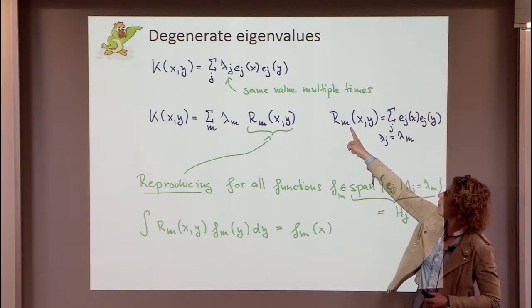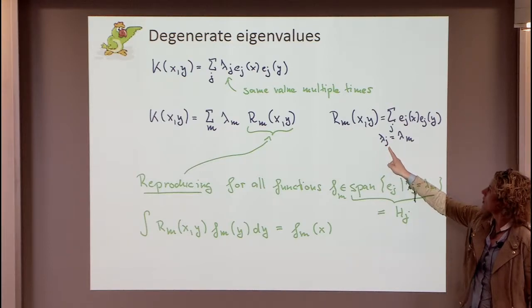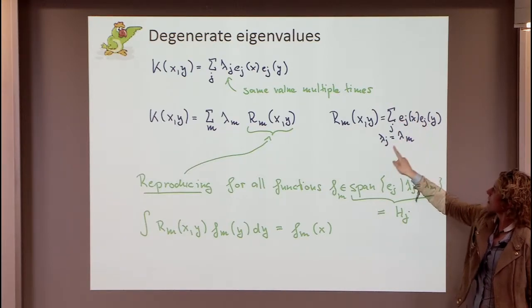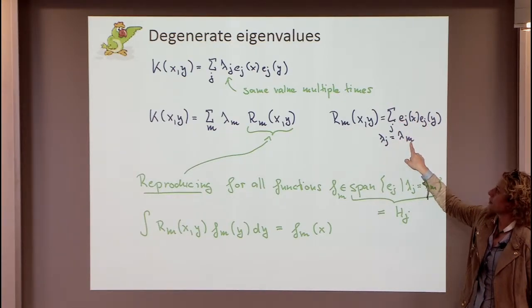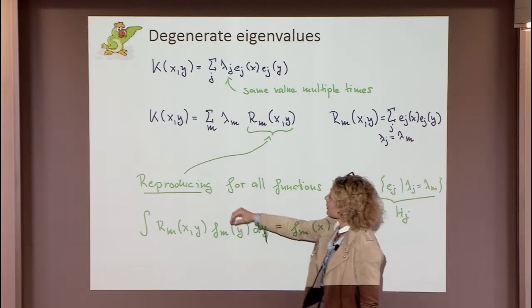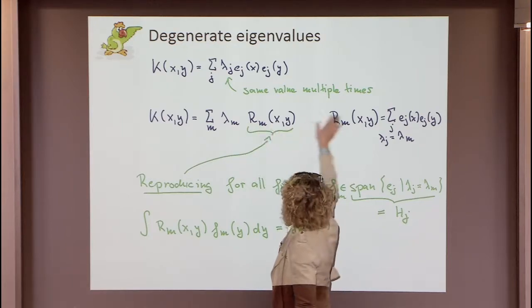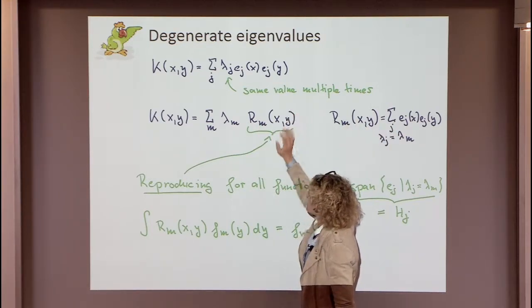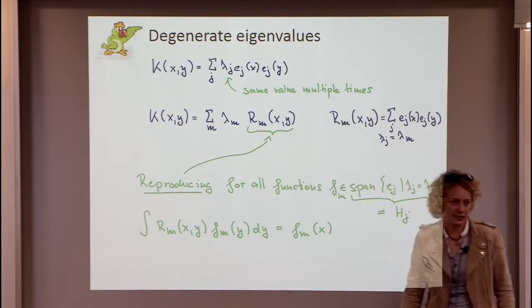So let me define R_n. Here I bunch together all of those that have eigenvalue equal to lambda n. Of course, I can rewrite my kernel in terms of lambda n, which is the same for all of the ones that I've bunched here, times this R_n(x,y).